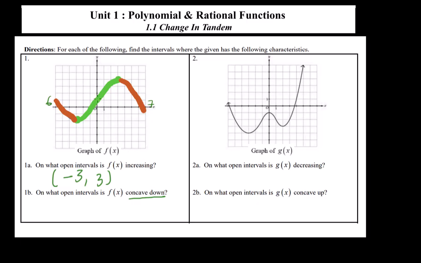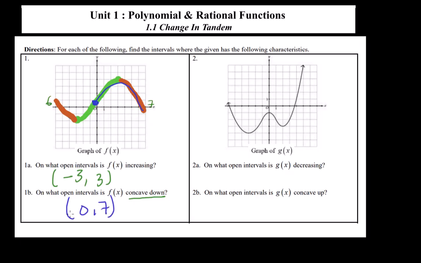Concave down is just from 0 to 7. If you can see, this is downward, or a frown, or a rainbow shape. From 0 all the way to 7 is concave down. So the concave down is from 0 to 7.